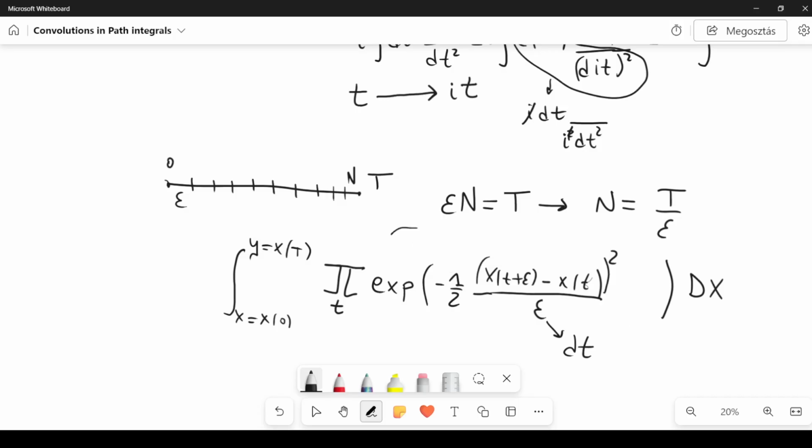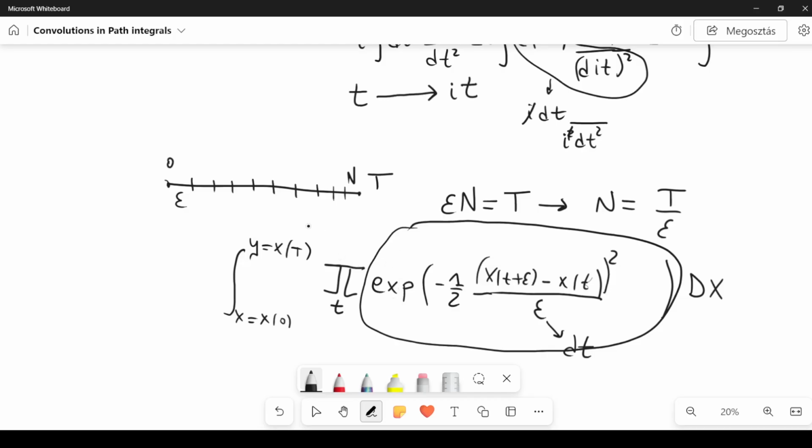Now, let's analyze this exponential more carefully. That's important because it's a Gaussian factor. It's a Gaussian function which is centered at x of t, whose variance is equal to epsilon. Each factor corresponds to the probability amplitude for the particle to move a small distance in time epsilon. The multiple integrals represent a series of Gaussian convolutions over adjacent time slices.